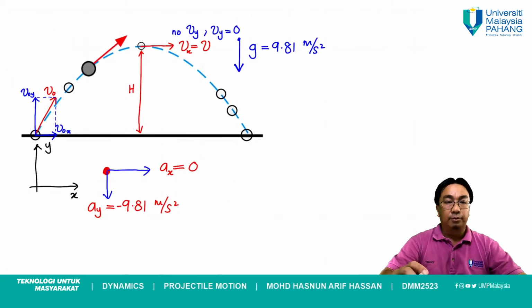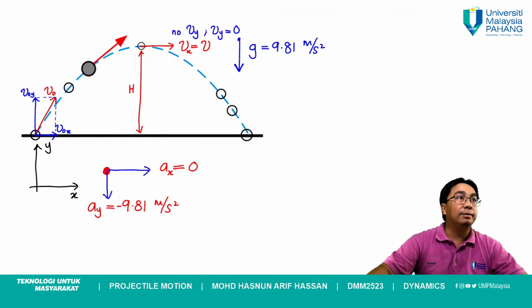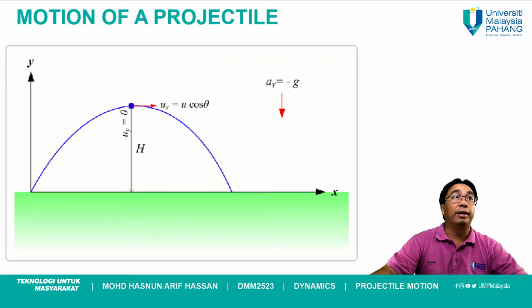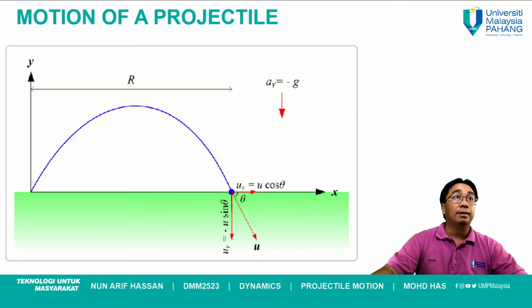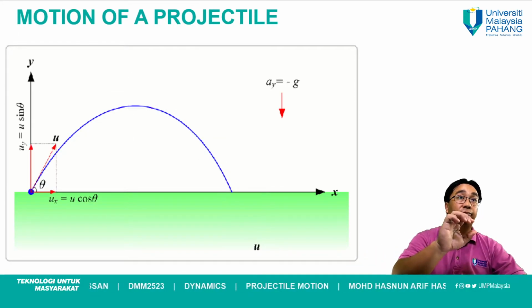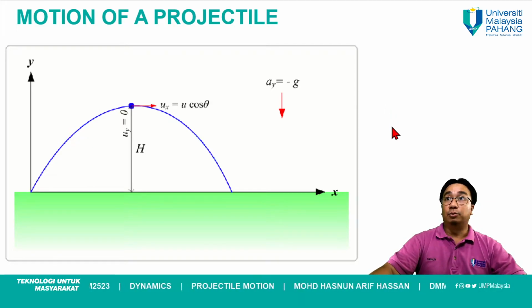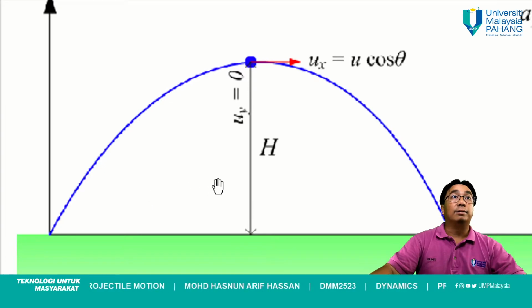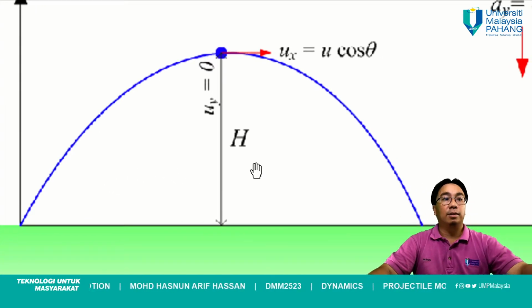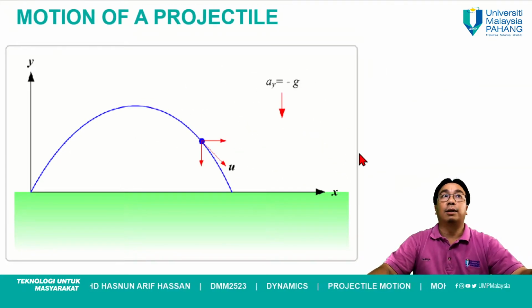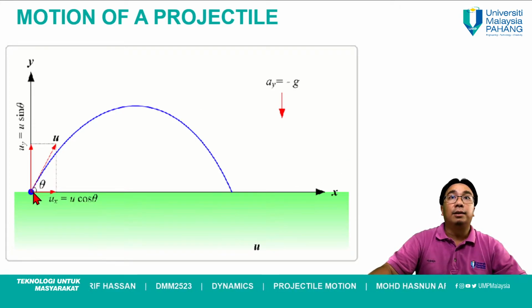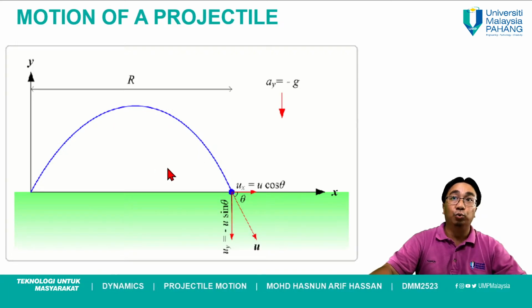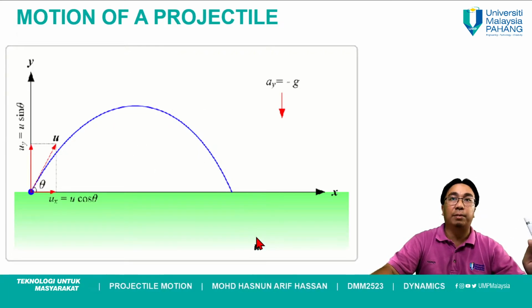If you understand, let's look at the slide again. There is an animation. Now you can see at any point, let me try to zoom in. When I zoom it doesn't run. Okay, never mind. Here you can see the velocity now uses u as velocity, doesn't matter.